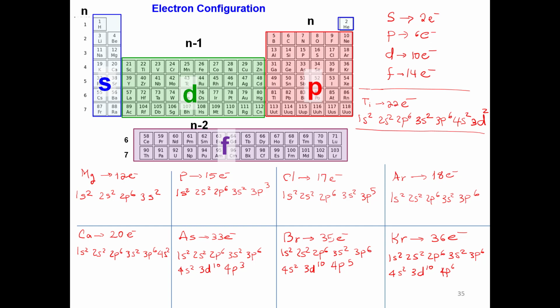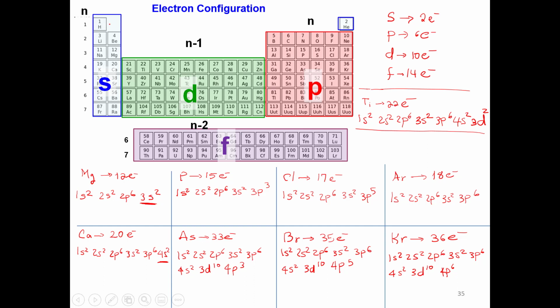And what I want you to notice in this, if we compare, you see magnesium and calcium belong to the same column in the periodic table. And this is the last shell. How many electrons? 2. How many electrons? 2 electrons. It's 3s, 2 electrons, and 4s, 2 electrons. And this is in the second column.